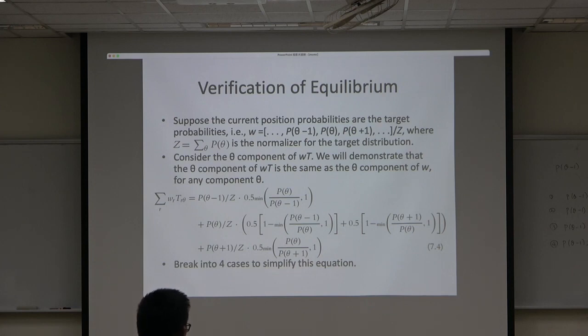So in the fourth case, we know p of theta is smallest among 3, but we don't know the relationship between p theta minus 1 and p theta plus 1. Which one is bigger? We don't know. But these are the 4 cases that we want to discuss.